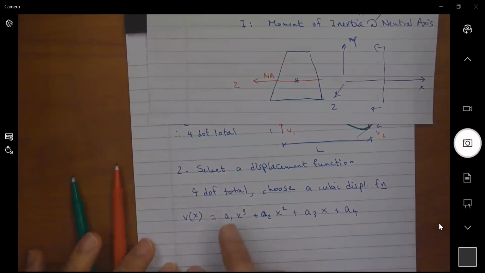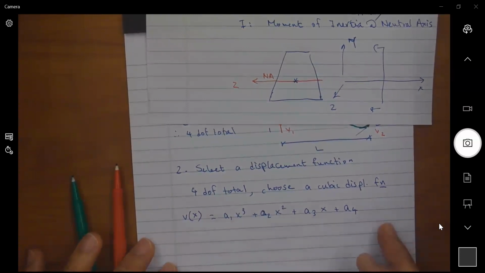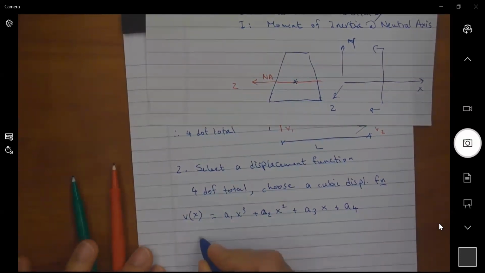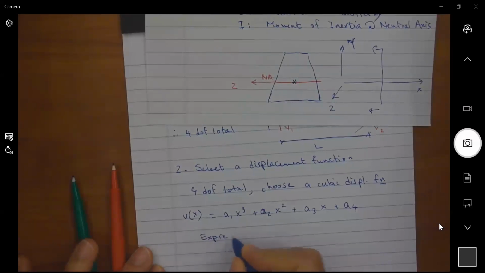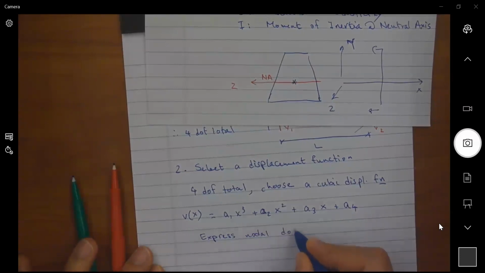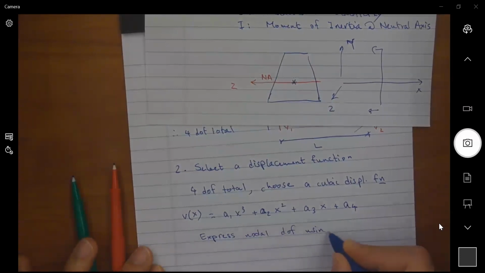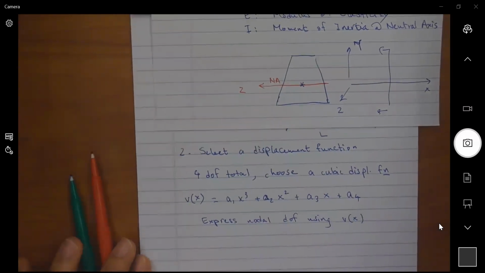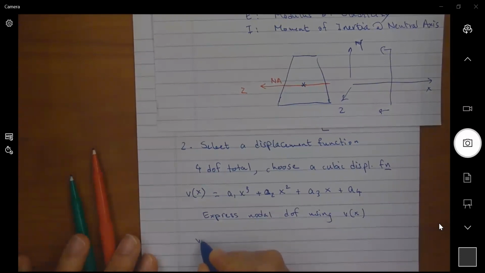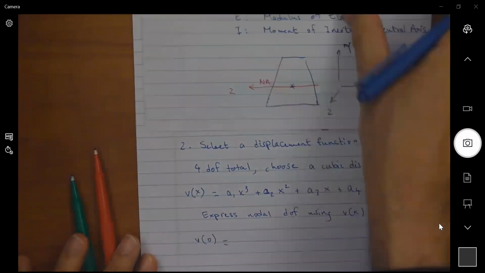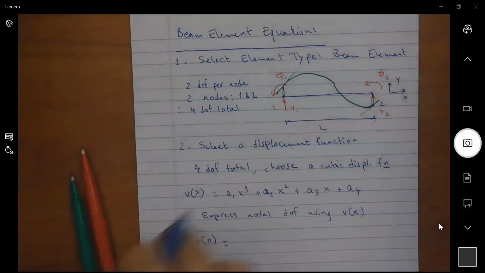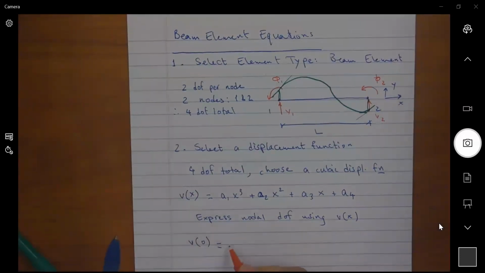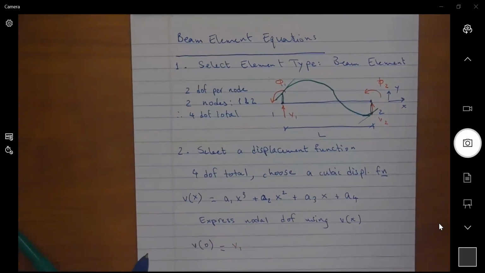In order to solve for A1, A2, A3, and A4, I'm going to express the nodal degrees of freedom using V of X. So I'm going to look at V of 0, and I'm going to say, this V of 0 is equal to V1, correct?